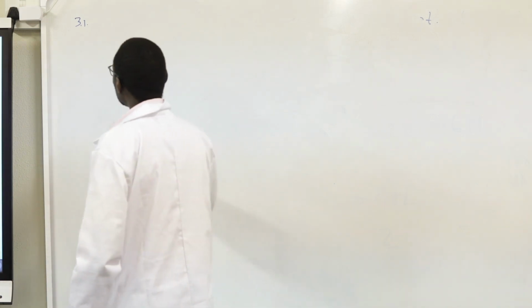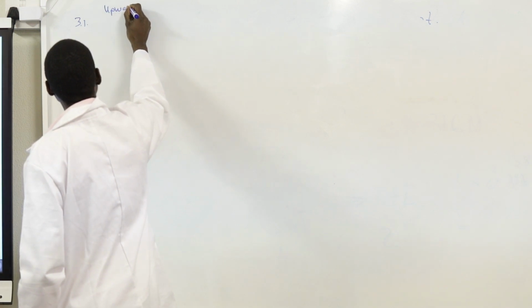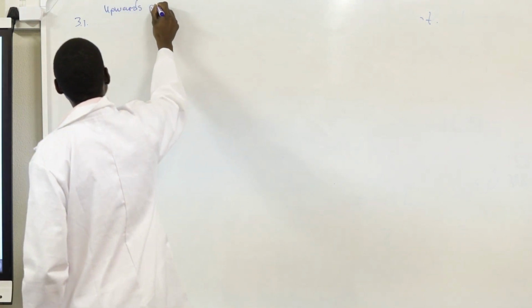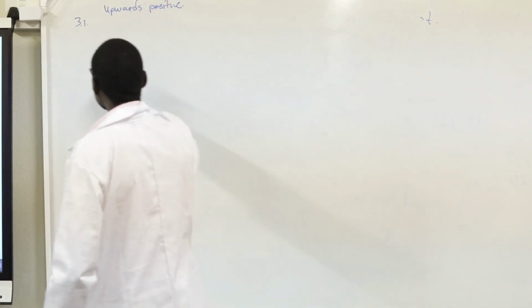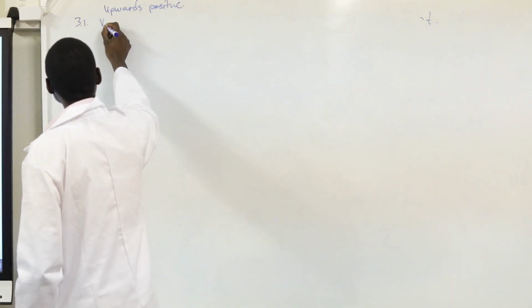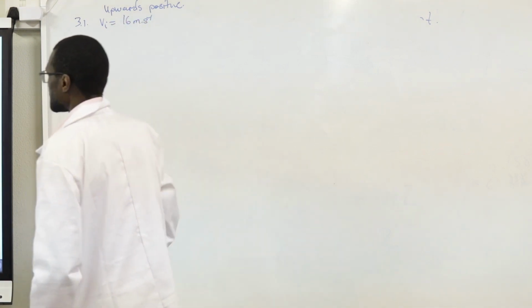So for 3.1, we have ball A. If I take upwards to be positive, so it's projected upwards, V initial is equal to 16 meters per second.